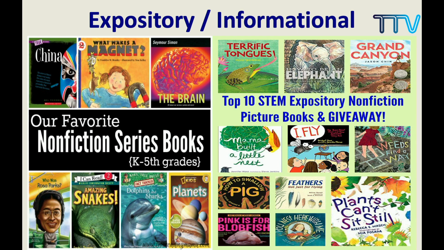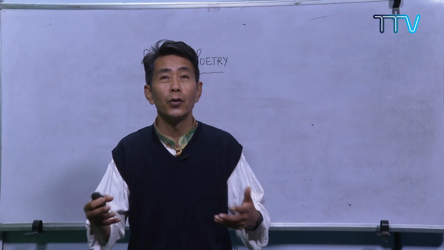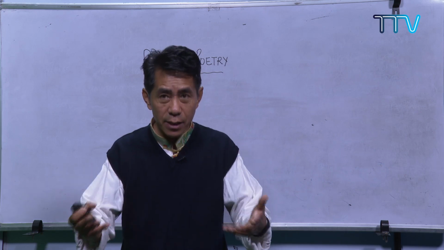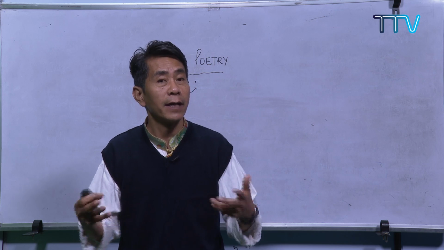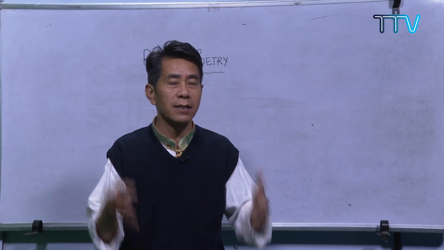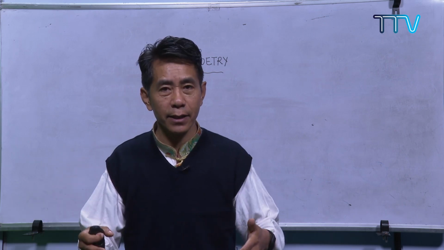Whenever we come across any text, whenever you open one book, it's very important for you to know the different types of text structures as well as the different text features. These are very important. As far as the text structures are concerned, the writers organize their ideas.